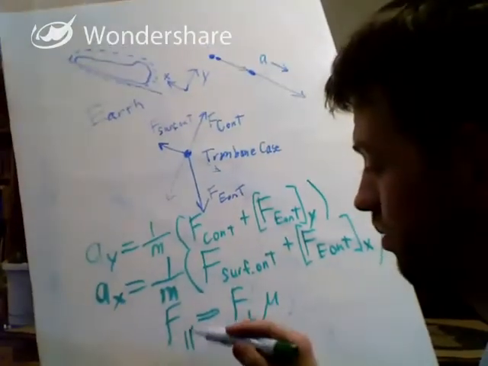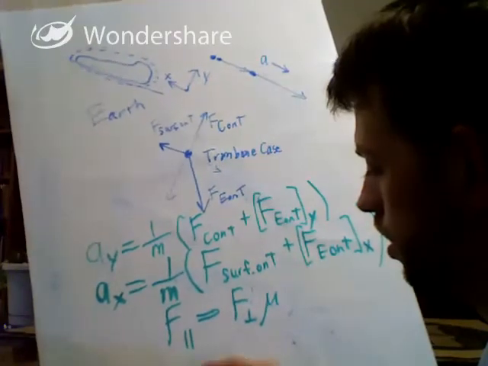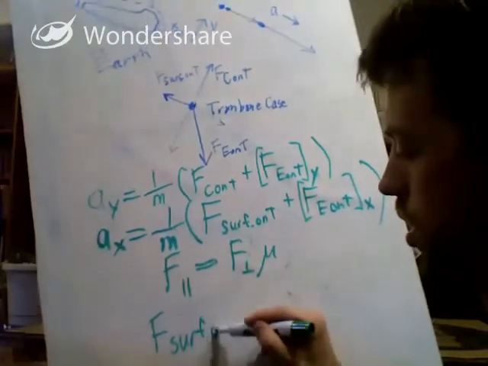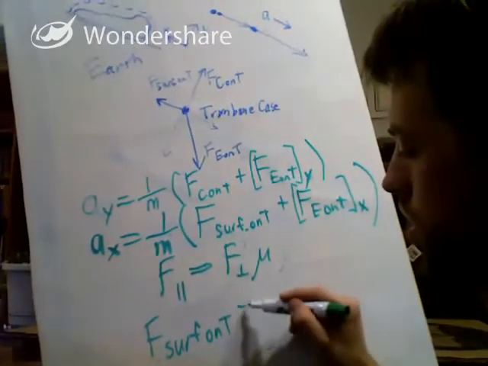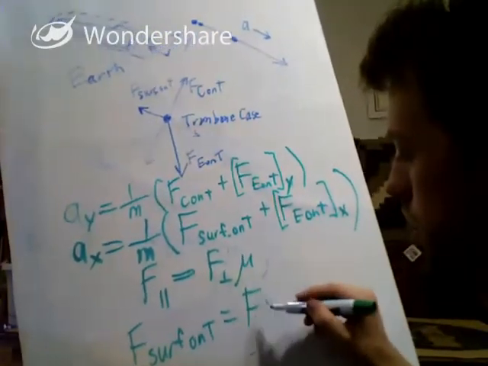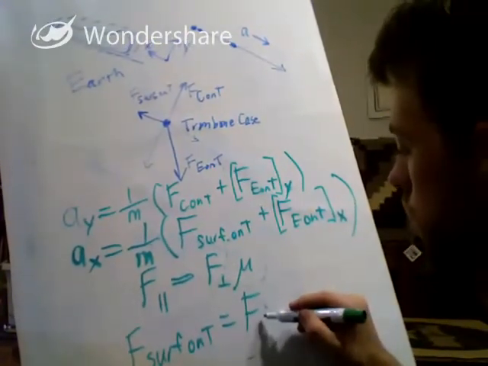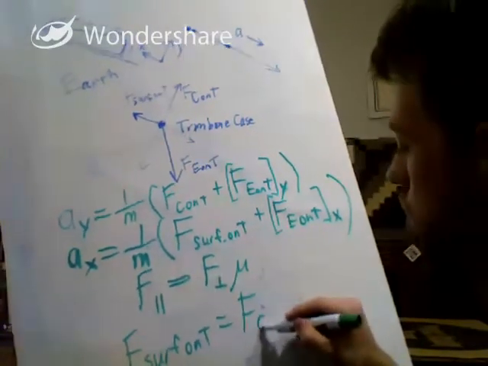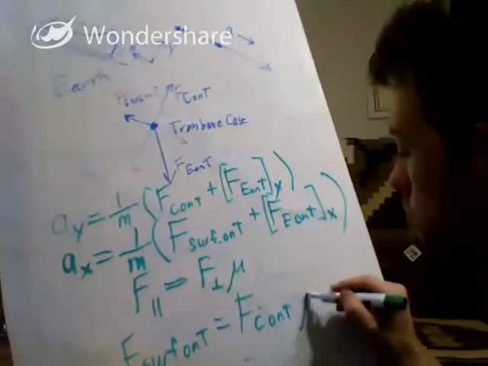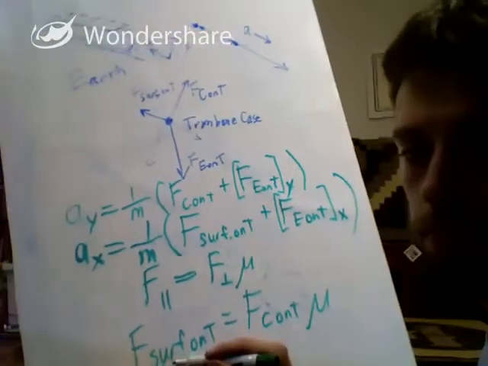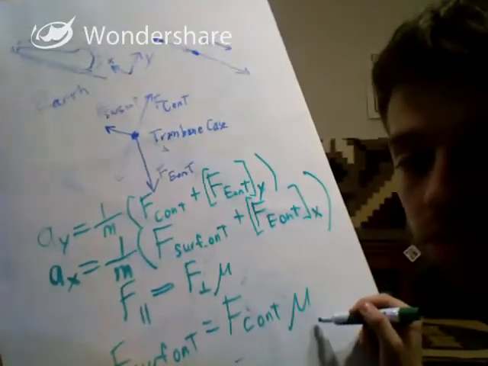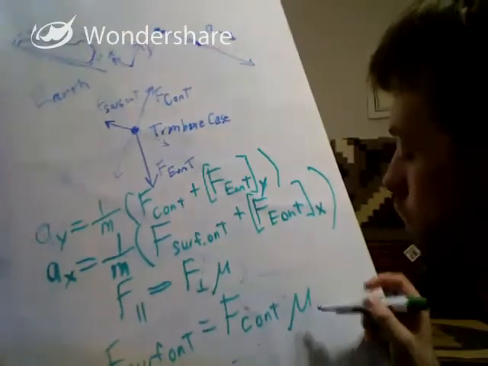In other words, the force that the surface exerts on the trombone case is equal to the force that the cardboard exerts on the trombone case times mu. Frictional force is normal force times mu value. We're looking for this.